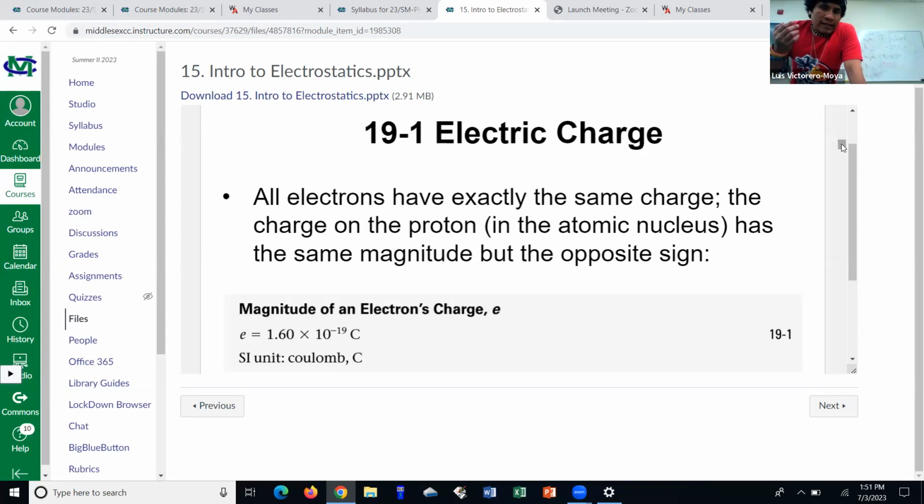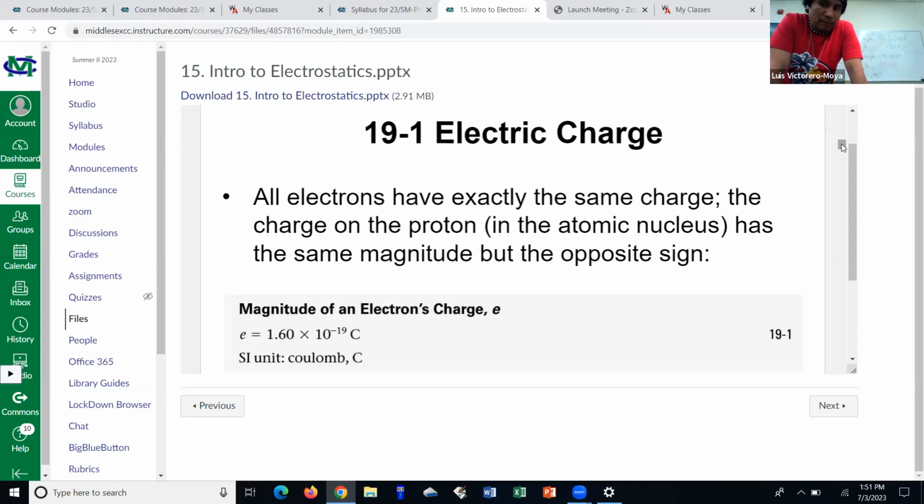Now, that is the magnitude of it. We know that the electron has a negative charge and the proton has the same value, but positive. But whenever they tell you the magnitude of the charge, that's when we use the positive value of it.